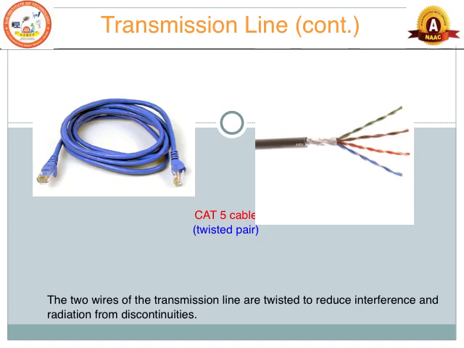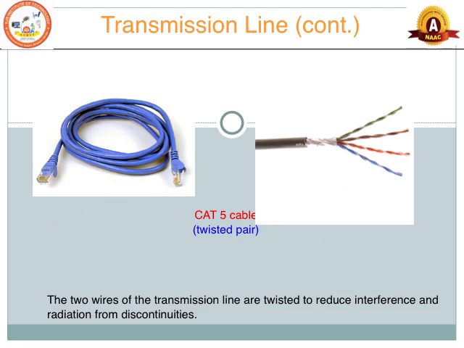And this is the coaxial cable again. As you can see here, this is a cable that we use, and as you can see in this figure, the two wires of this transmission line will be twisted.